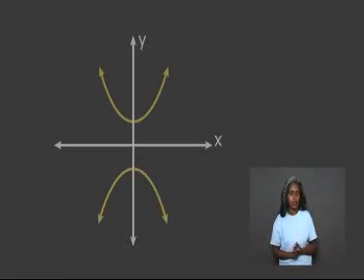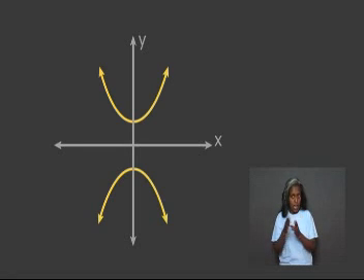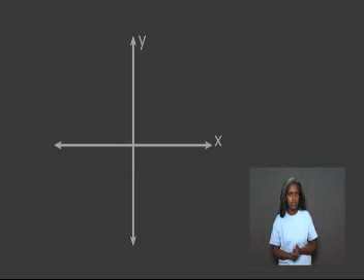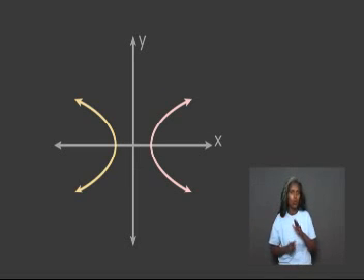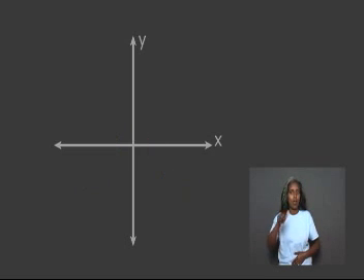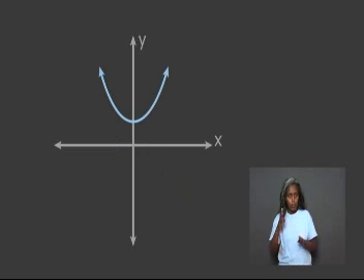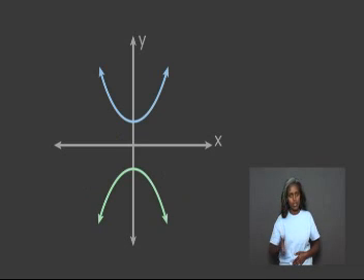It can have an axis that is parallel to the x-axis, opening either to the right or to the left. It can also have an axis that is parallel to the y-axis, opening either upward or downward.